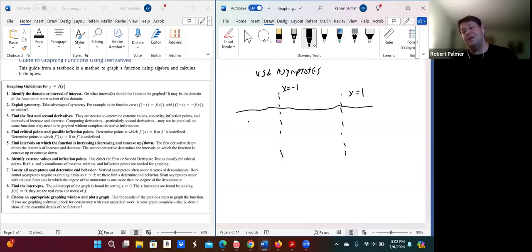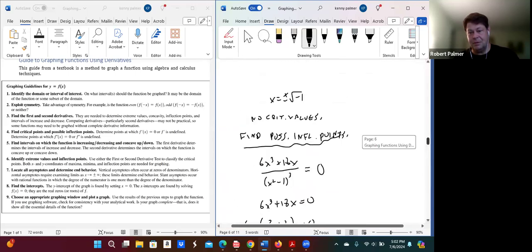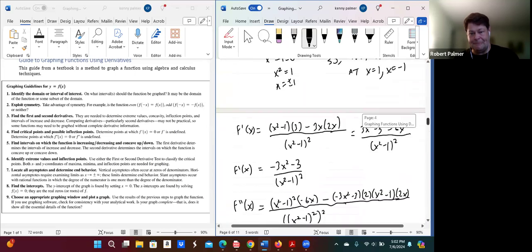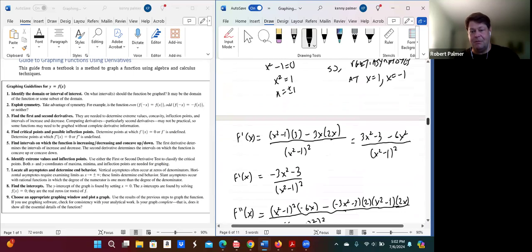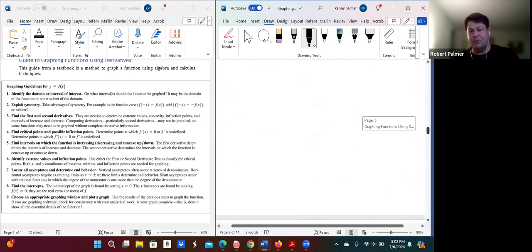Okay, so let's think about the sign. Remember our first derivative is (-3x squared minus 3) over (x squared minus 1) squared.